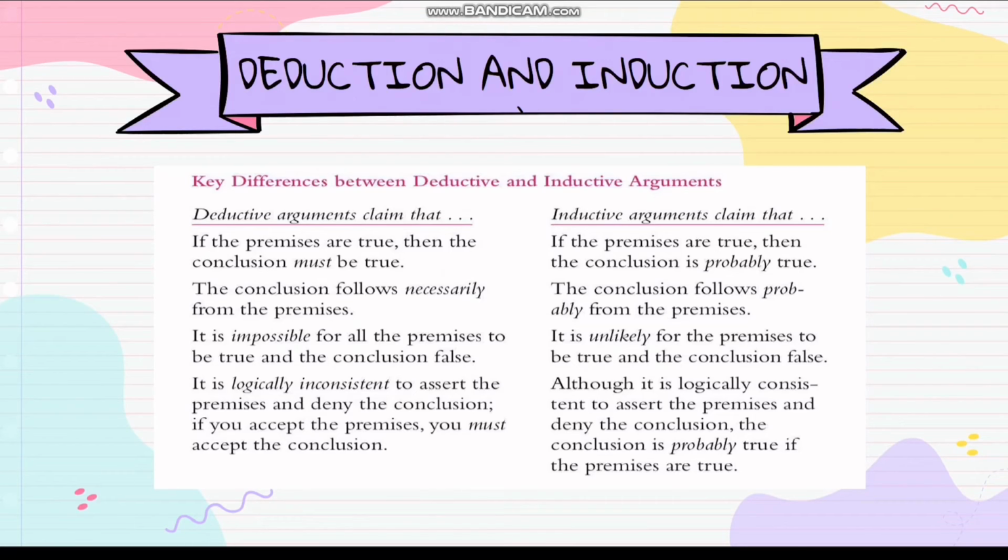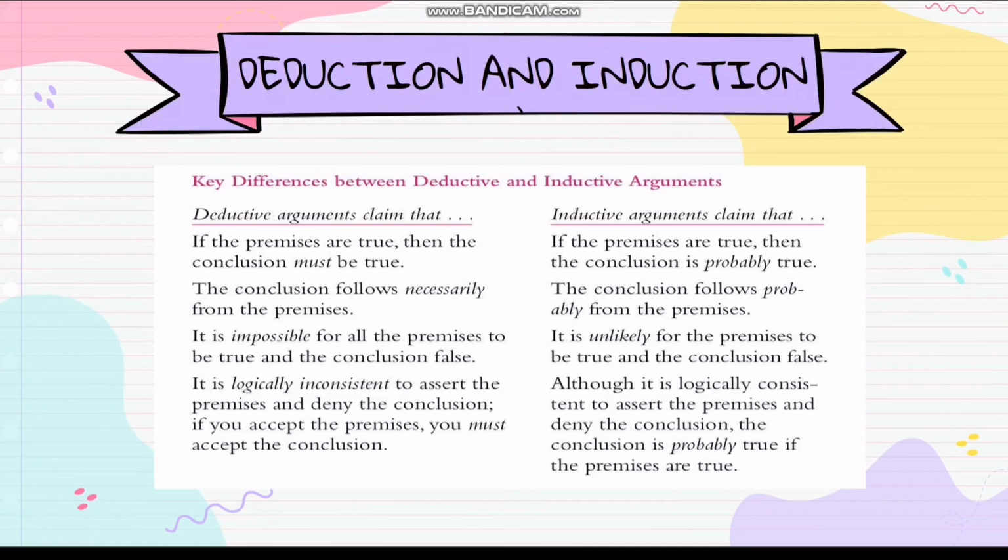Deductive arguments claim that it is impossible for all the premises to be true and the conclusion false. But inductive arguments say that it is unlikely for the premises to be true and the conclusion false. So, in a deductive argument, it is logically inconsistent to assert the premises and deny the conclusion.